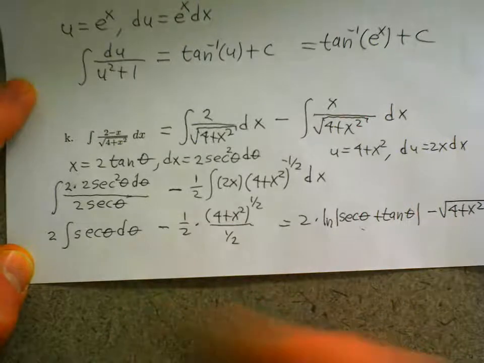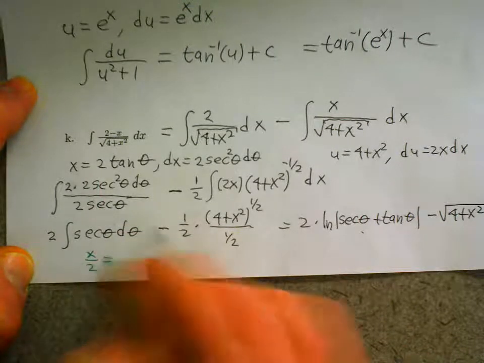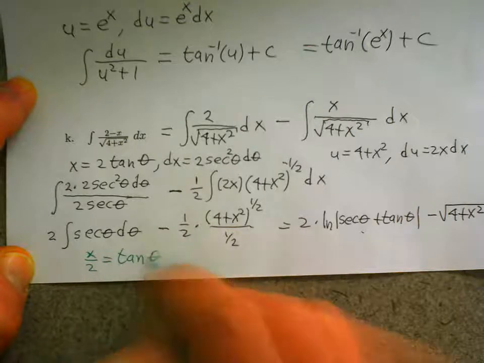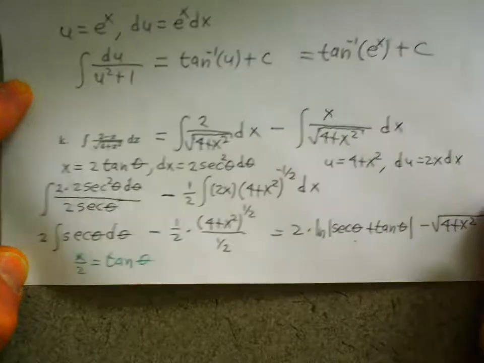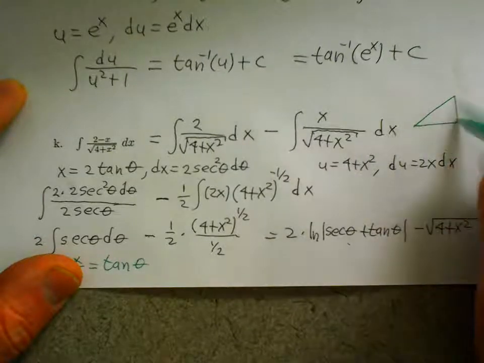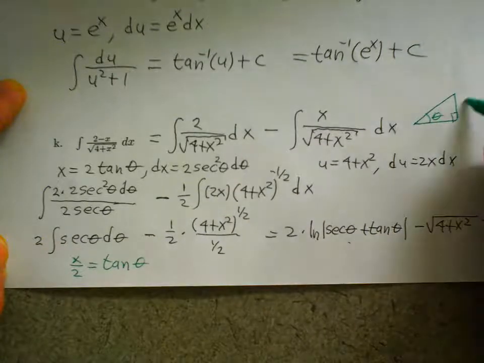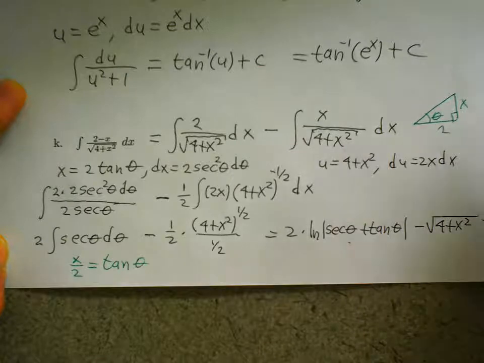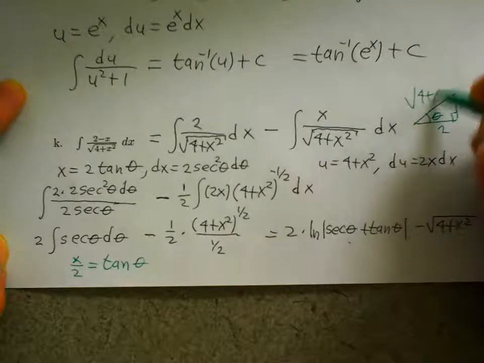So x over 2 is tangent of theta. Let's do the right triangle stuff up here. So if the angle is theta, and if tangent of theta is x over 2, then the hypotenuse is the square root of 4 plus x squared.